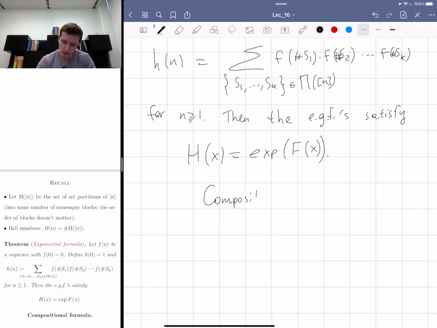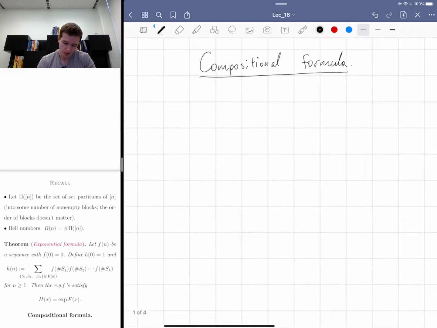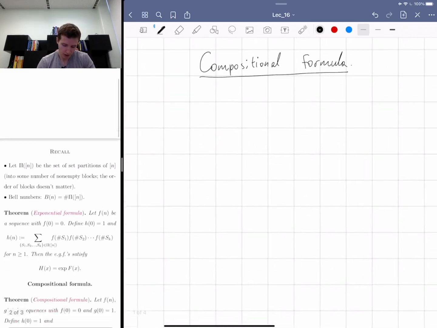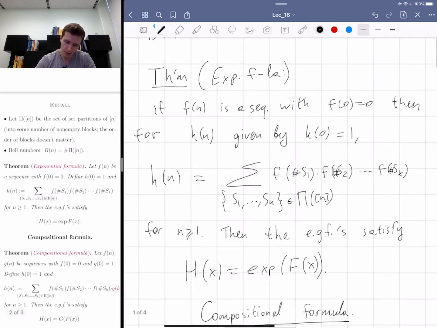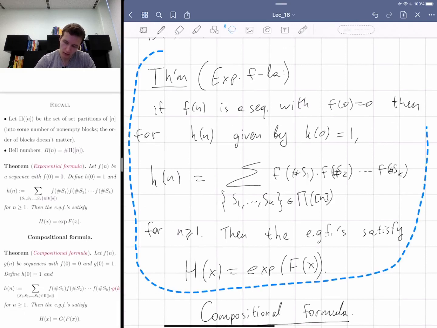The compositional formula. So again, I can just copy the statement of the exponential formula and then modify it in a certain way.